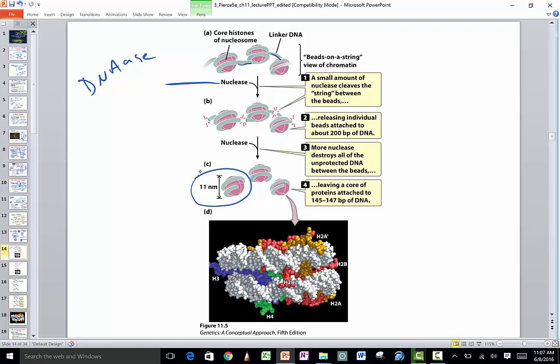So if you treat chromatin, notice we start with chromatin, not just DNA, and we treat it with a nuclease, we can release a nucleosome, and then when they looked at the proteins, they found that there's 8 proteins in there, and there's about 146 base pairs of DNA.